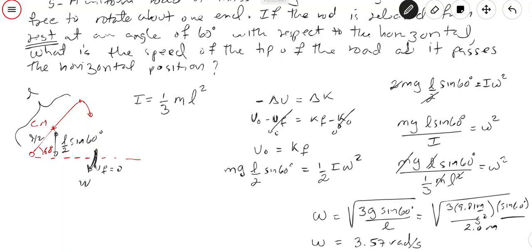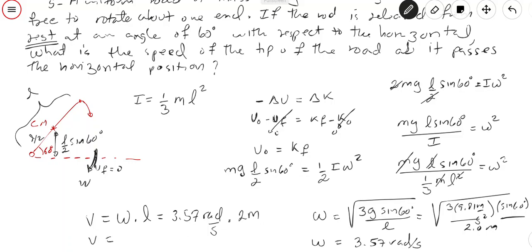So what I want to find now is the speed of the tip of the rod as it passes that position. The speed is equal to the product of the angular velocity times the length, right? So it would be the angular velocity, 3.57 radians per second, times the length, 2 meters.